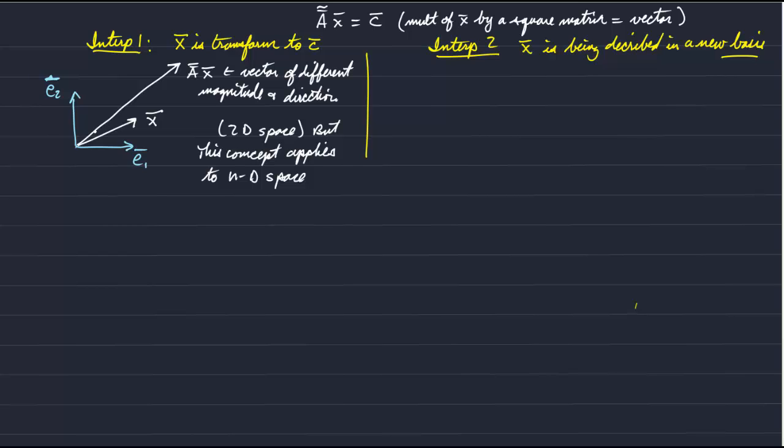Or alternatively, vector X is originally described with one set of basis vectors, or one basis.